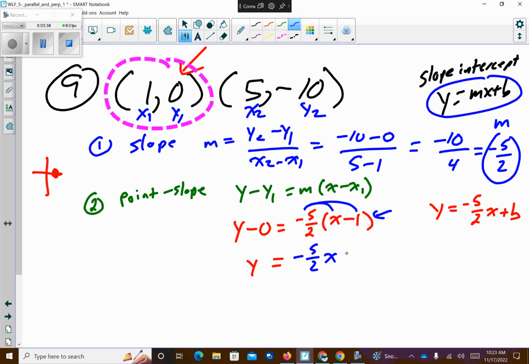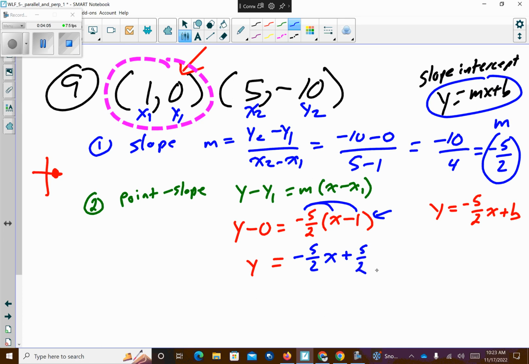Negative times negative is positive. 5 over 2 times 1 is? Anything times 1 is itself, so 5 over 2.